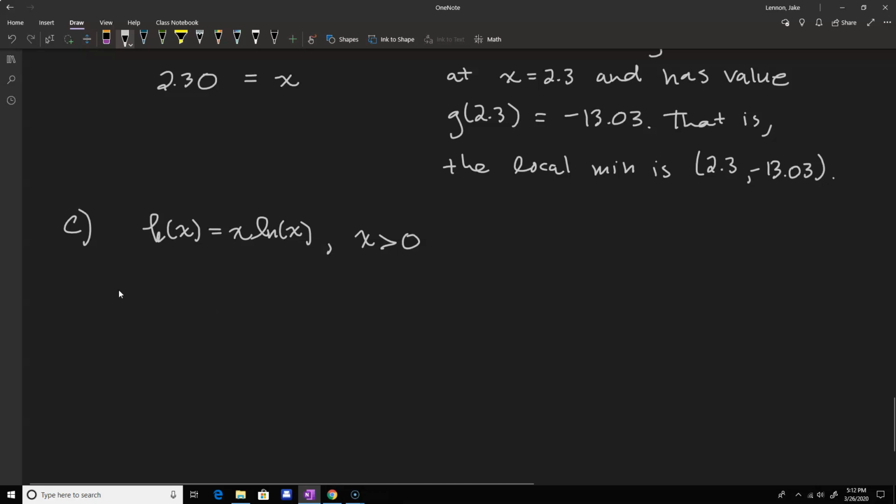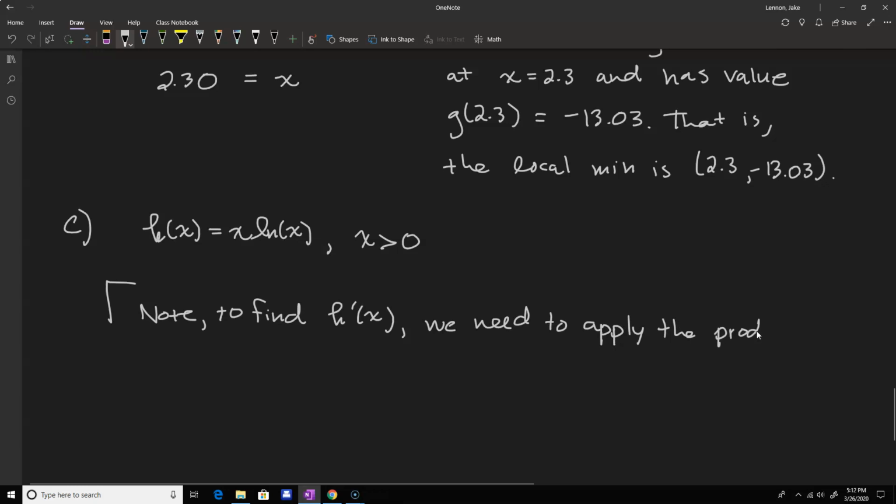So if we're trying to find the derivative here, so let's note, to find h prime of x, we need to apply the product rule. So how do we do that? We let u be x, we let v be the natural log of x. So u prime is equal to 1 and v prime is equal to 1 over x.